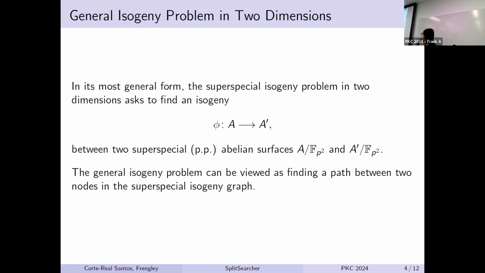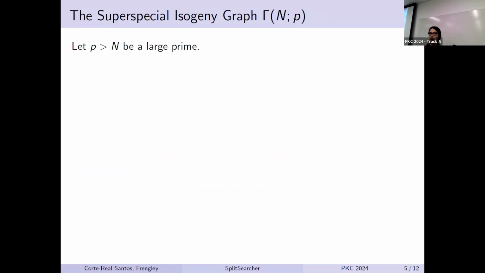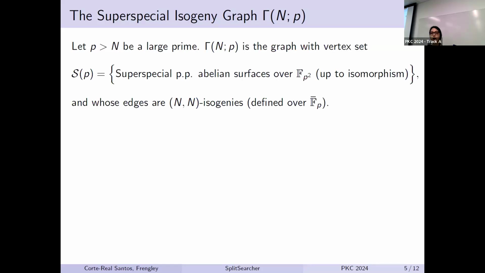As in the dimension 1 case, we can look at this problem in a related graph. So let's define this graph. Here p is going to be a cryptographic size prime, and N will be a small odd integer. Our graph will have as its vertex set these abelian surfaces up to isomorphism, and the edges are going to be our isogenies.